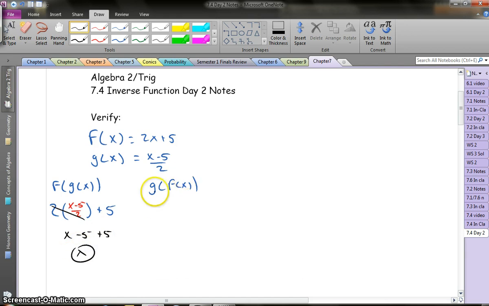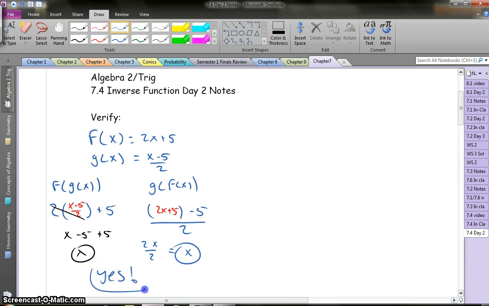Over here, g of f of x, well, I have something minus 5 over 2, and that something is 2x plus 5. So 5 minus 5 is 0, so I'm left with 2x over 2, which is just x. So yes, those two are inverses.